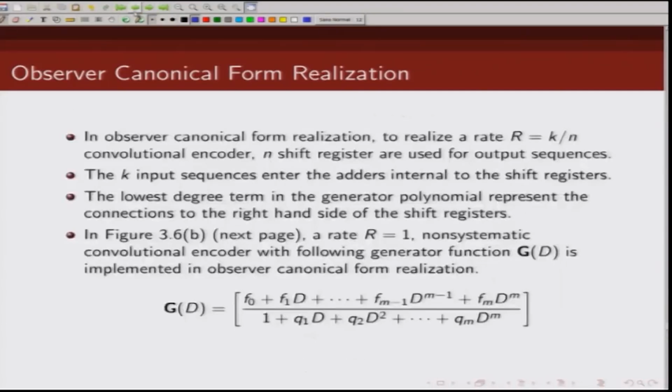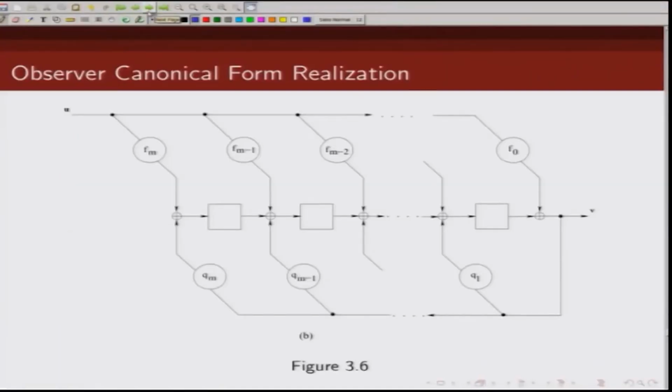Next, what did we say? The k input sequence enters the adders internal to the shift register, and what do we mean by internal? These are the shift register elements, delay elements, and note these adders are in between the shift registers, these adders are internal to the shift registers.